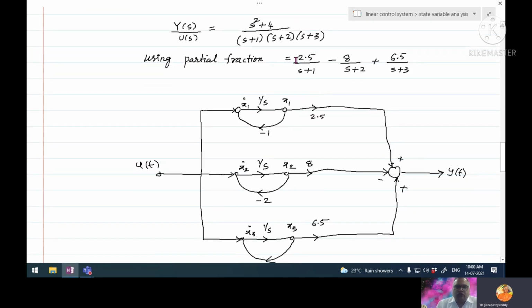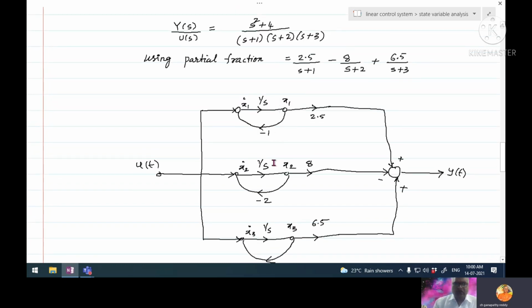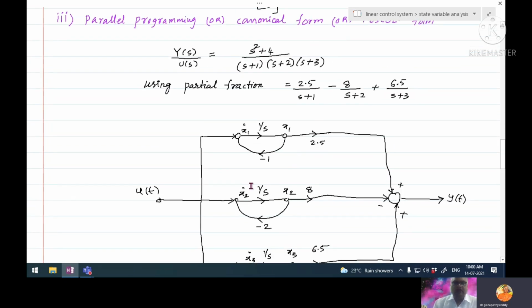Now 2.5/(s+1) is one signal flow graph, 8/(s+2) is another, and 6.5/(s+3) is another. All are connected in parallel. So here the denominator is s plus 1.